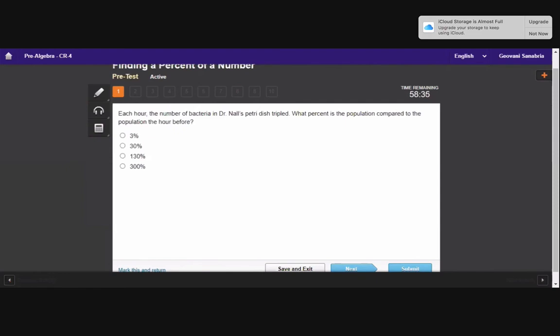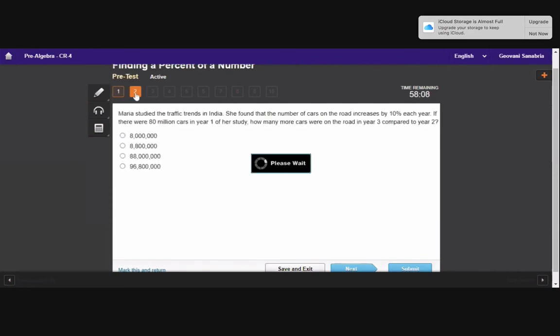Well, if the population triples and he starts out with 100, how much does he end up with in the next hour if it triples? 200. Oh, it triples to 400, right? Or it'd be 300. Yeah, because you're just multiplying by 3. So it would be the last one. That's a weird one. Maybe we'll get some more like that and we can better understand the little details of it, but it is the 300.